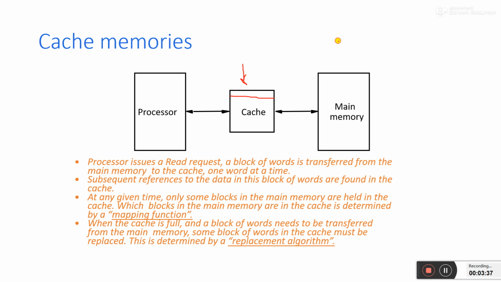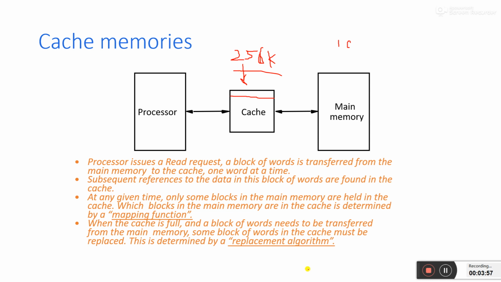For example, if main memory is 1 gigabyte, the cache may be 256 kilobytes or so. It is very small in nature, so it cannot handle so much data.